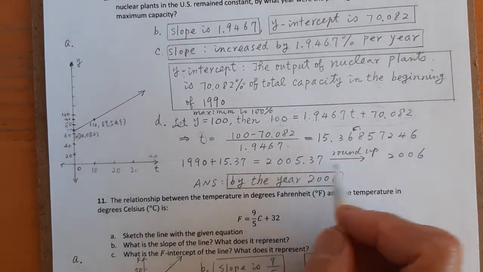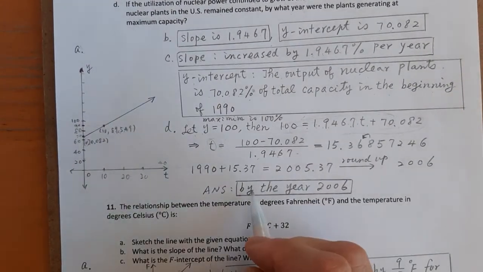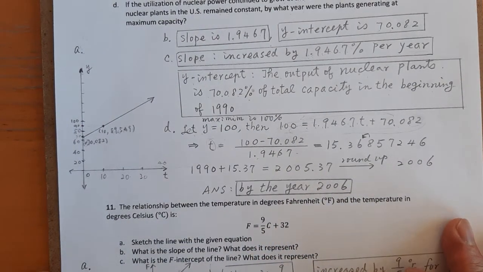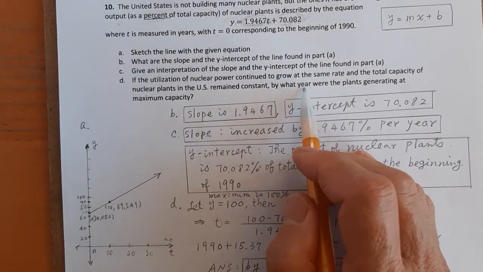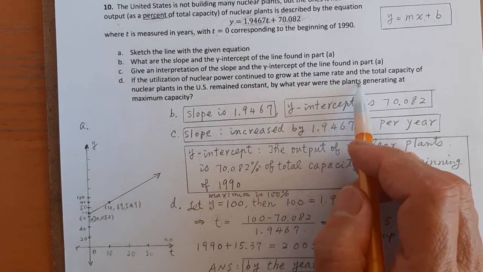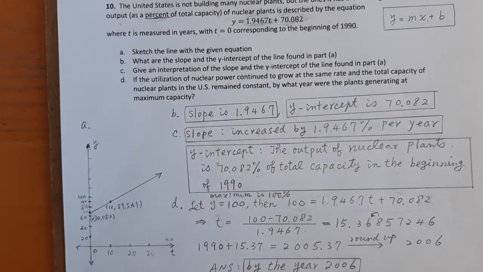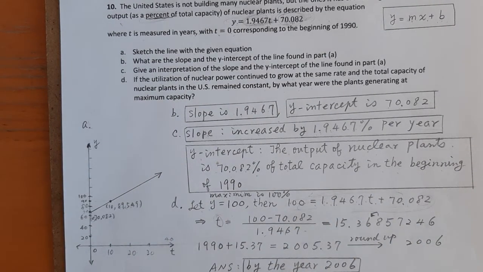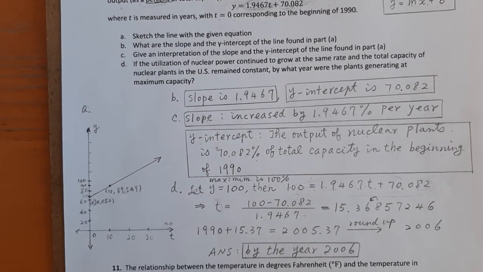Between 2005 and 2006. So you can answer by the year 2006. And what year were the plants generating at maximum capacity, 100% capacity? So it's before, by the year 2006. Before 2006.